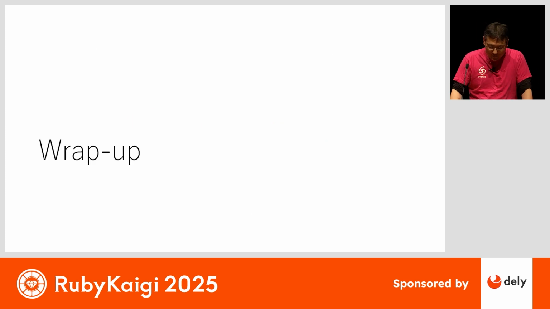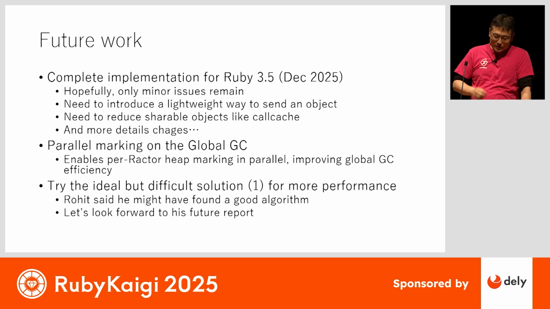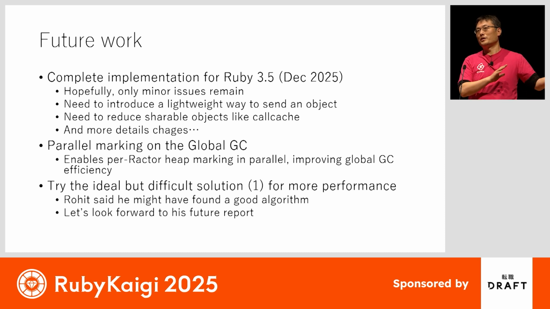Let's wrap up today's topic. We need to complete the implementation for Ruby 3.5 to introduce the Ractor local GC. We have many tasks, and we also want to make parallel marking in the global GC. We have several cores, so we can utilize them.